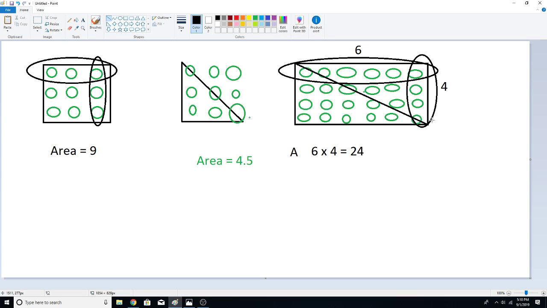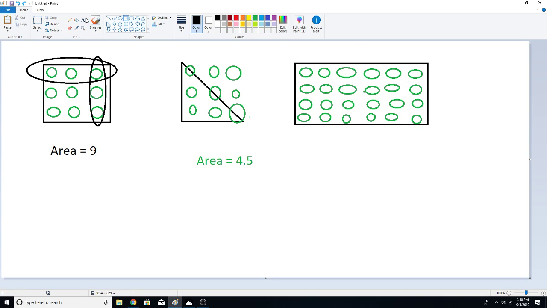So how can we prove that the number of chairs in a triangle is equal to half of the number of chairs on the rectangle? And it can be done. So if we take the same square again, I'm going to undo some stuff.